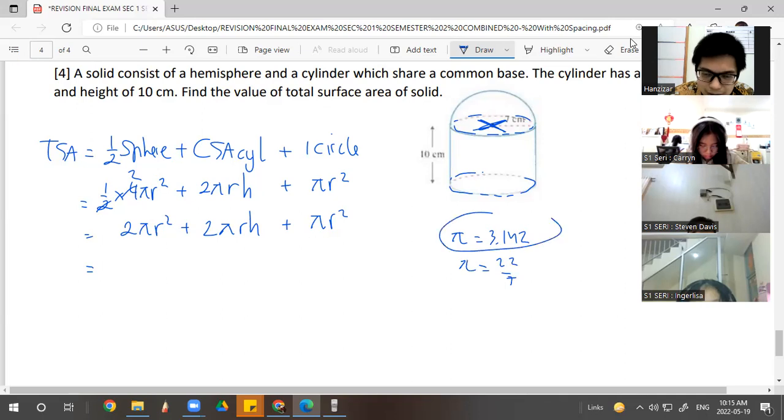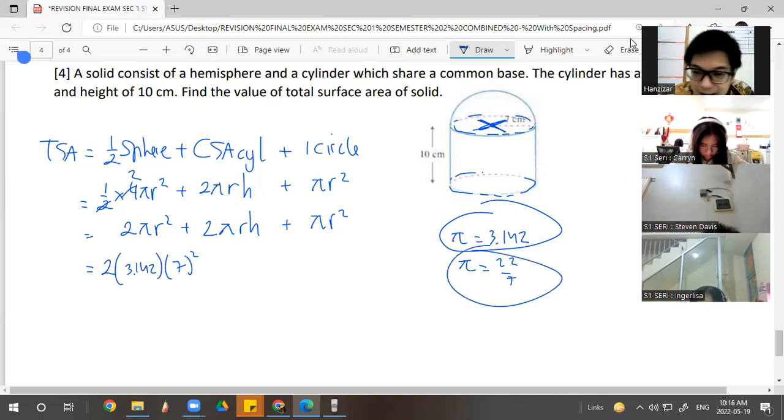I think we better use 3.142 to stick to the IGCSE pattern. But if you want to use 22/7, it's still okay. So 2 times 3.142 times 7 squared. If it is 7, you might prefer 22/7, but again, this is not IGCSE.